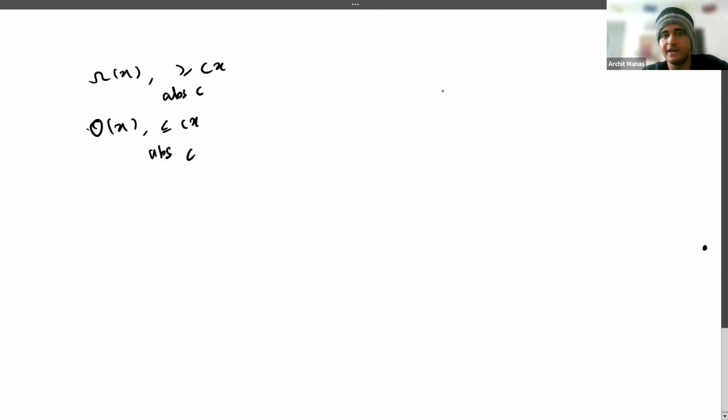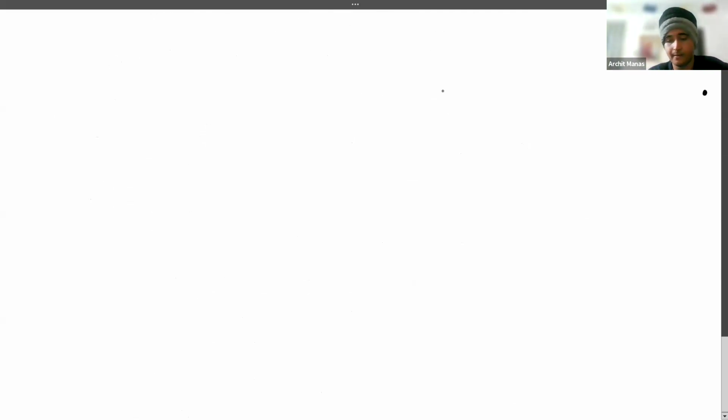For example, I can describe this explicitly. Let's say you choose some prime p congruent to 3 mod 4, and you make a graph on p vertices.